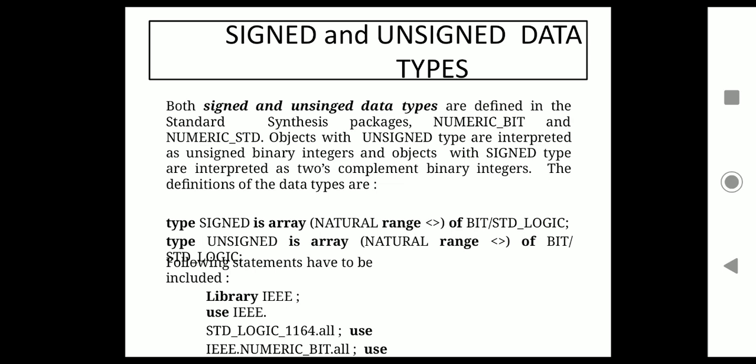We have discussed different data types such as array, records, enumeration, right, standard logic vectors. Now we are moving towards our next type, that is signed and unsigned data types. But this point we will cover in our next video session, that is the fourth one, part D of unit number first.